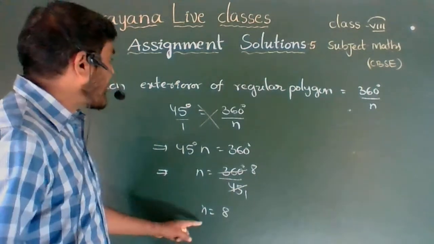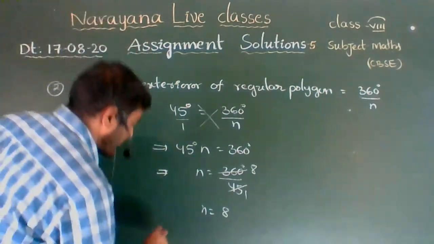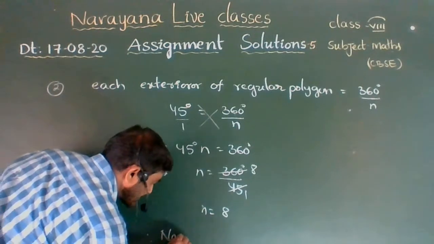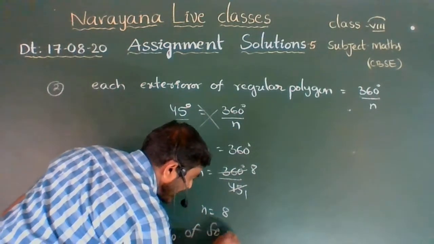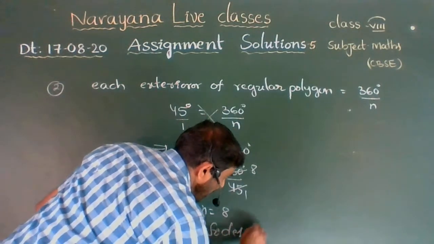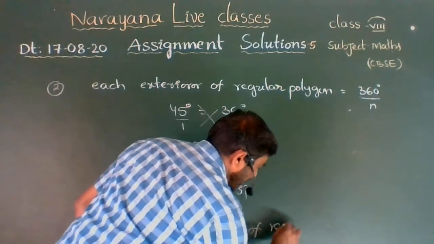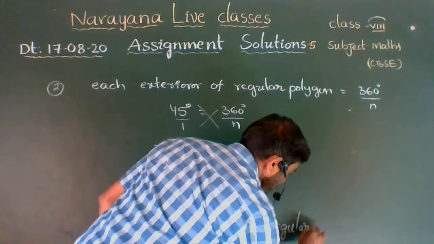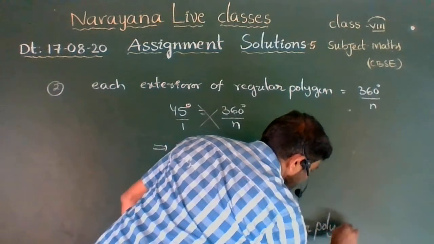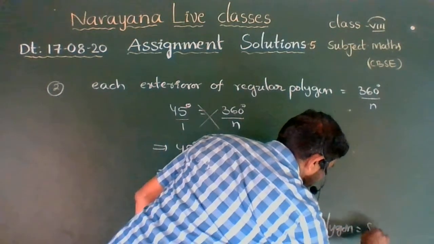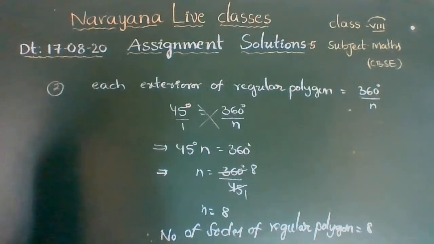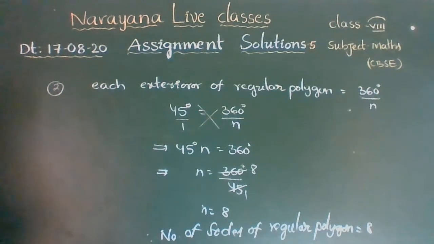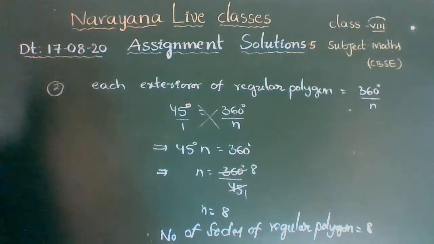Therefore the number of sides of the regular polygon is equal to 8, which means this is an octagon. This is the second sum solution. Let me explain the third one.